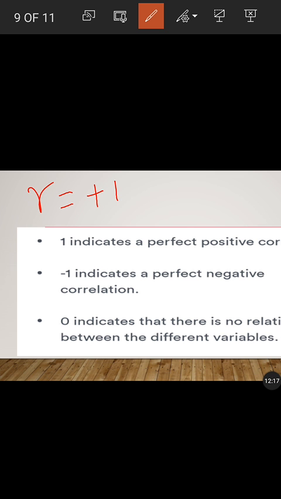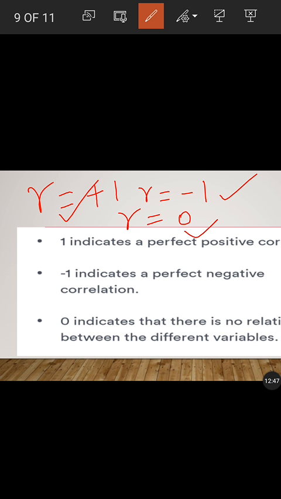If the value of r is equal to -1, then it is known as perfect negative correlation. If the value of r is 0, then there is no relationship between the two variables. It indicates no correlation. So these are the 3 general indications of correlation: perfect positive, perfect negative, and no correlation.